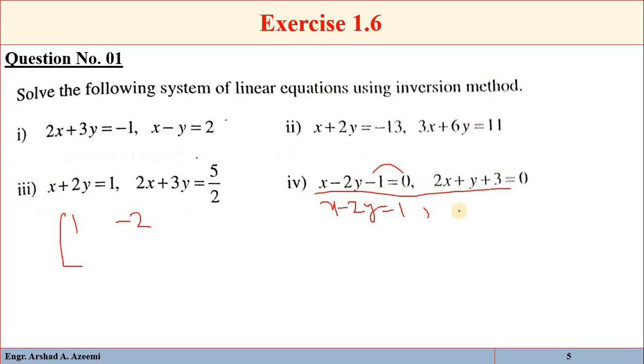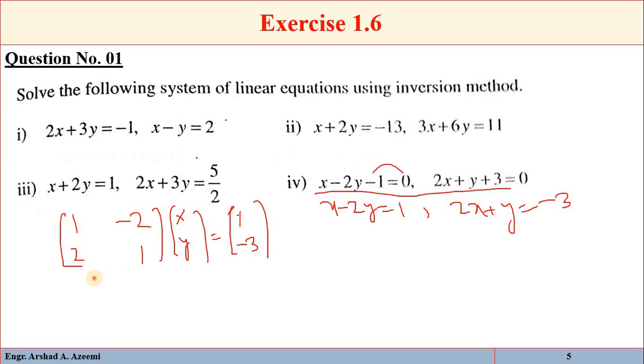Bring this one to the right-hand side: 2x plus y is equal to -3. So the matrix is 1, -2 and 2, 1, multiplied by x, y, is equal to 1 and -3. This is matrix A, this is matrix X, and this is matrix B.